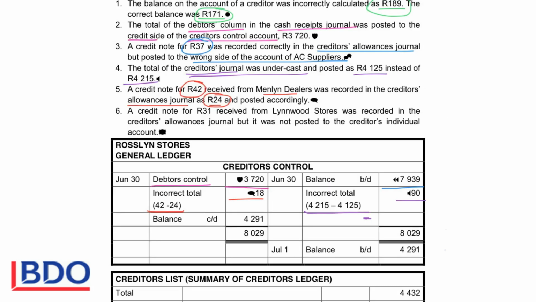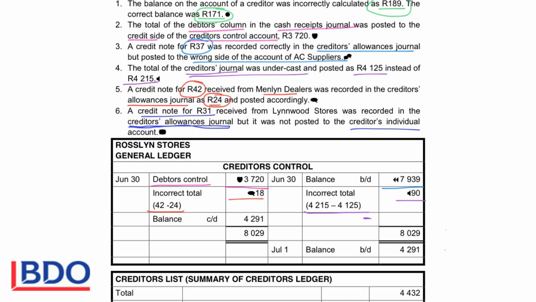A credit note for 31 received from Linwood Stores was recorded in the creditors allowances journal, but it was not posted to the individual account of the creditor. Therefore, there is no mistake in the creditors control account because it was correctly recorded in the journal.